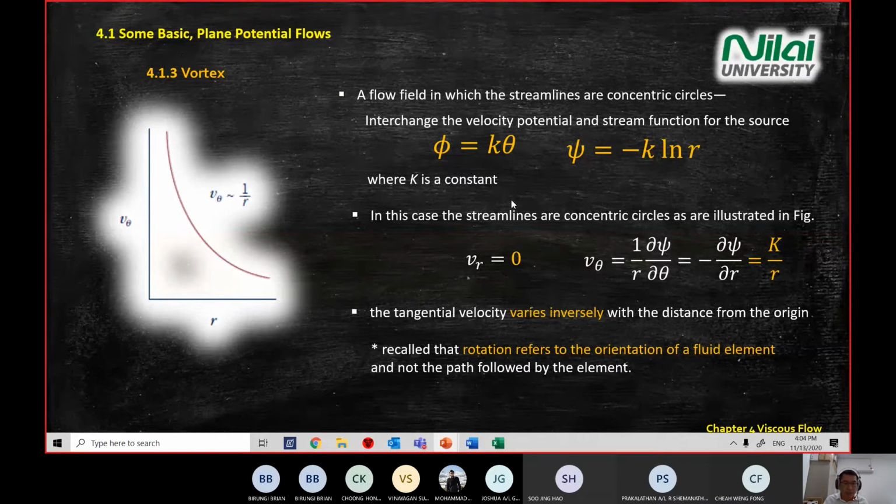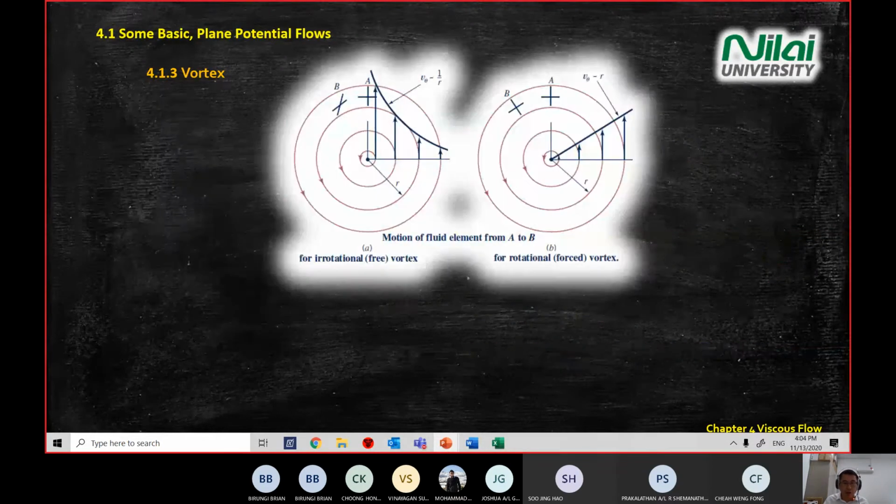Now I look at the diagram below question 5, the two circles. I need to explain it a little bit because these two represent two different vortices. On the left, you have irrotational, which means not rotating, or free vortex.